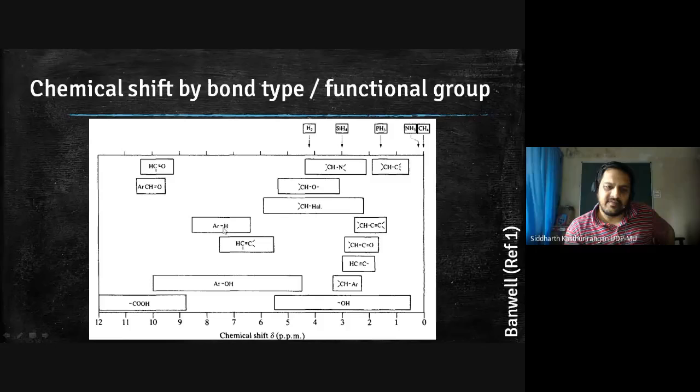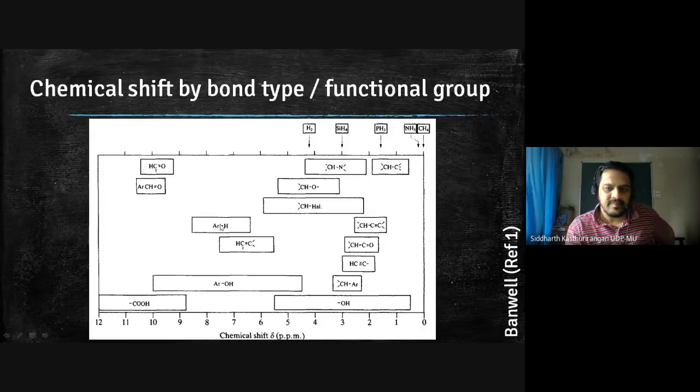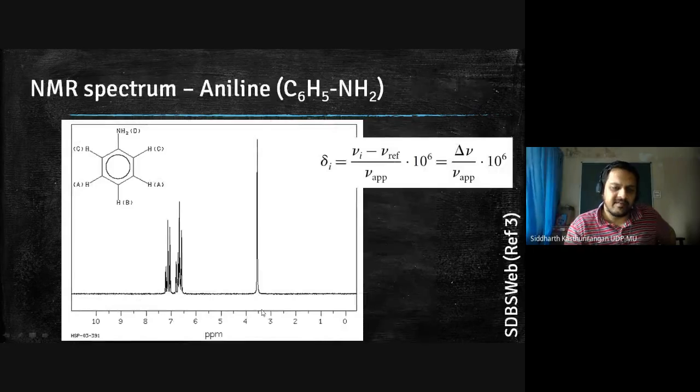If it is aromatic with only hydrogen, then it is narrower. So this is what you observed for these bands. These two bands are from this category, aromatic. And the amino group is not mentioned over here, but you can see that there is a CH with an N, and so that is coming here somewhere between 3 and 4.